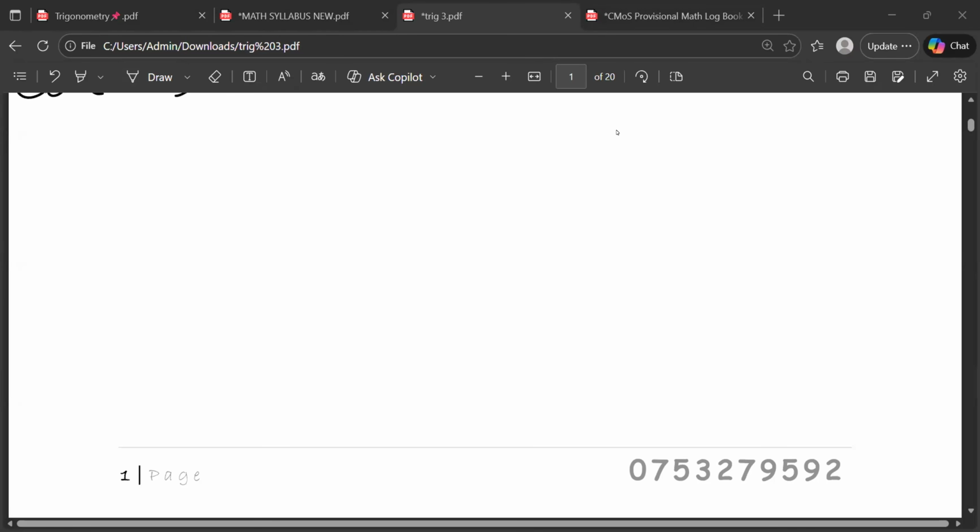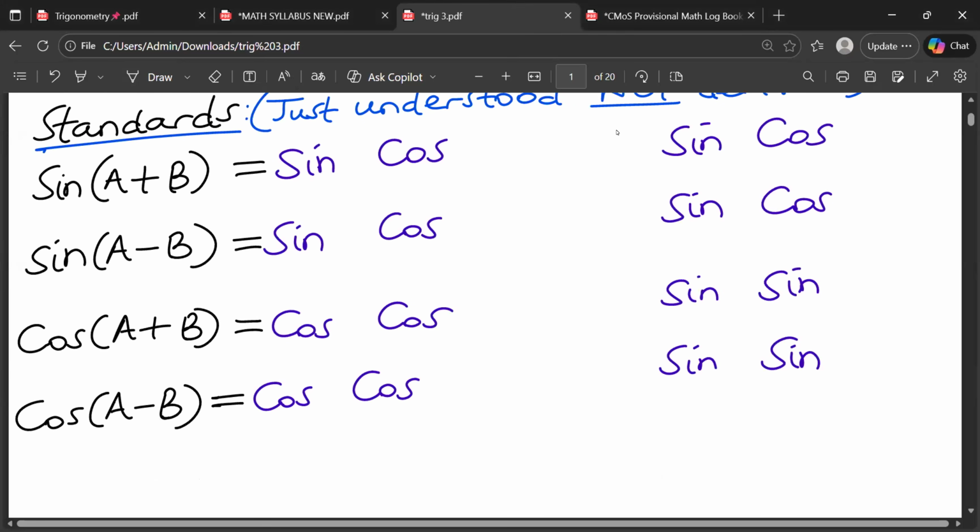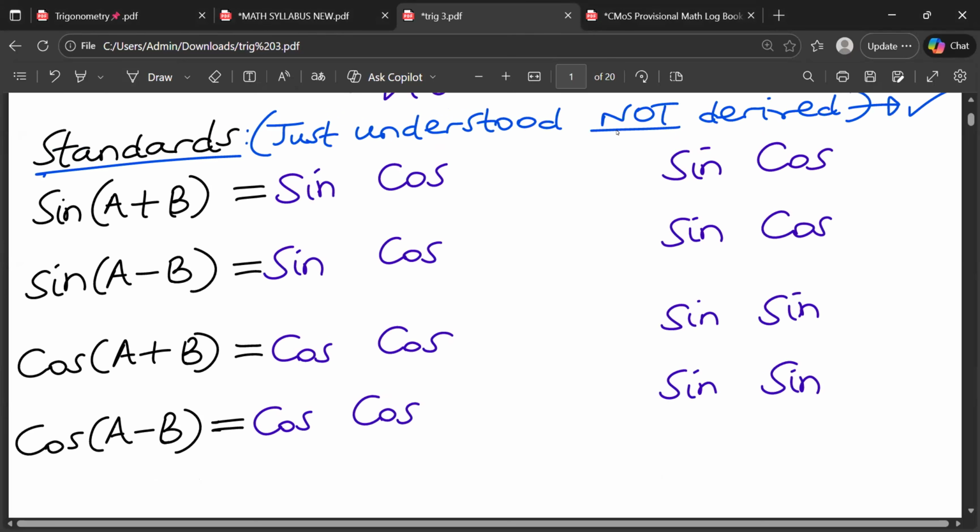Now we can proceed. After that, we start distributing angles. How?